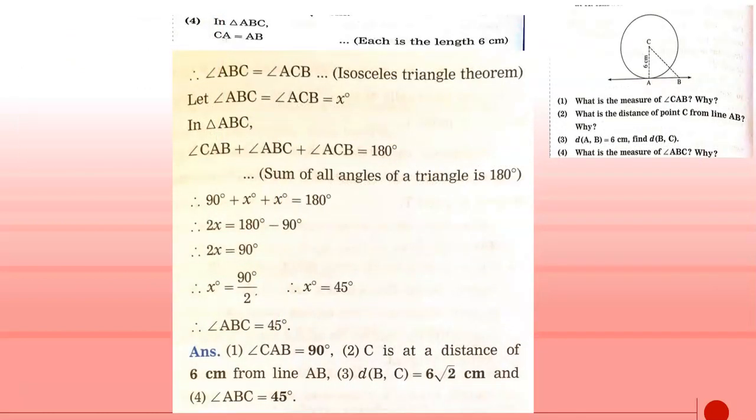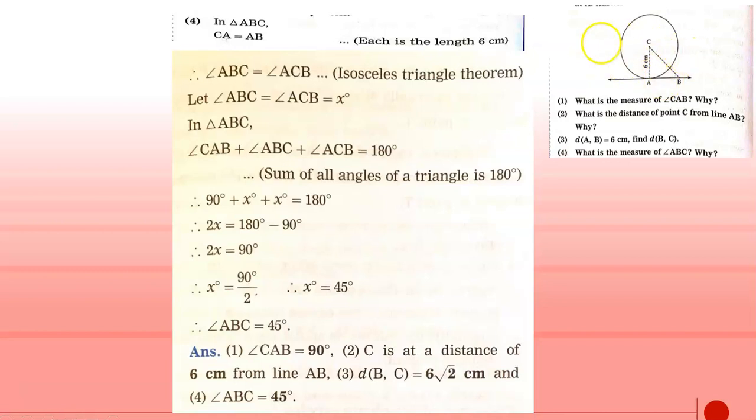Question number 4. What is the measure of angle ABC and why? Here, angle ABC. So, in triangle ABC, I have CA is equal to CB, because this is 6 centimeters and this is also 6 centimeters.